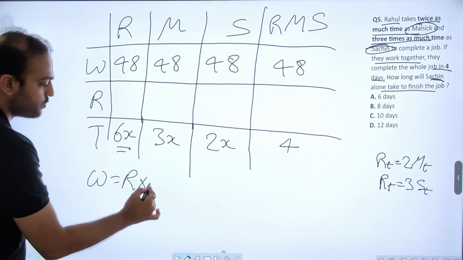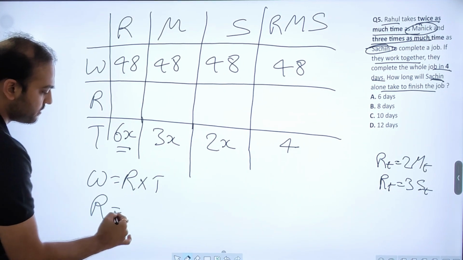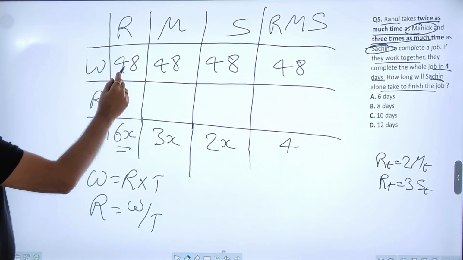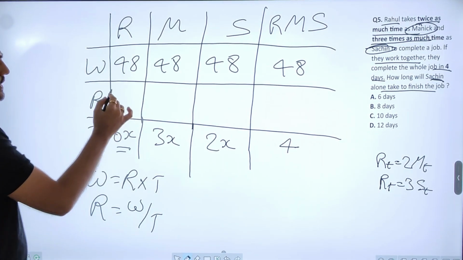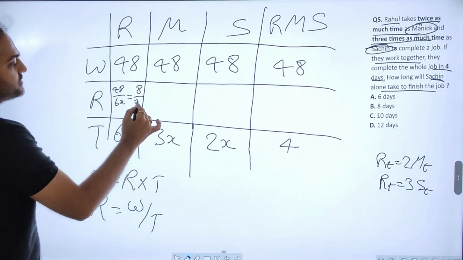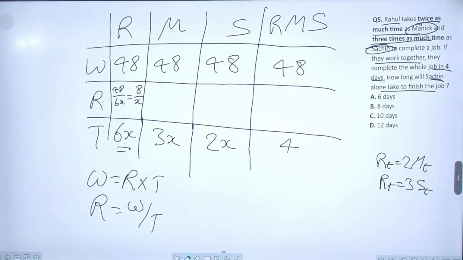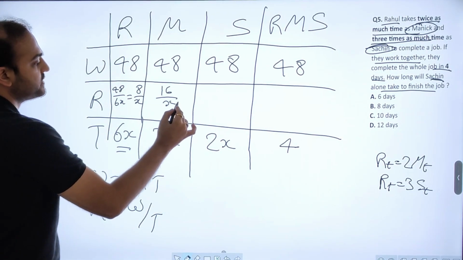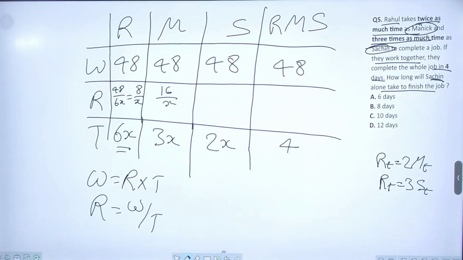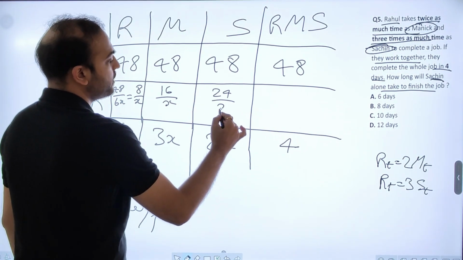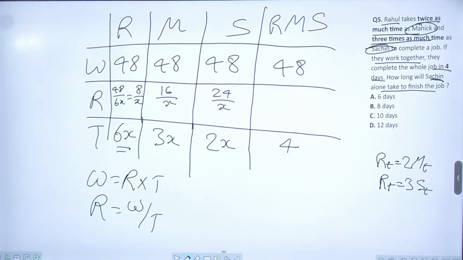Remember, work is rate into time. Rate is work by time. So rate of Rahul is 48 by 6x. If you solve it, that is 8 over x. Similarly, rate of Manik will become 16 over x. Rate of Sachin will become 24 over x.